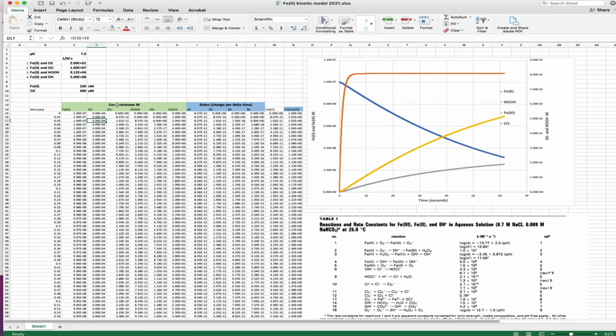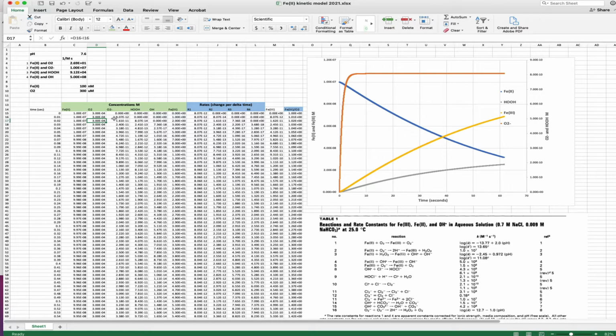Now take a look at column D all the way down. You can see to 3 sig figs, that number doesn't change very much. Oxygen is in significant excess, and so that species changes very little over the course of the reaction.